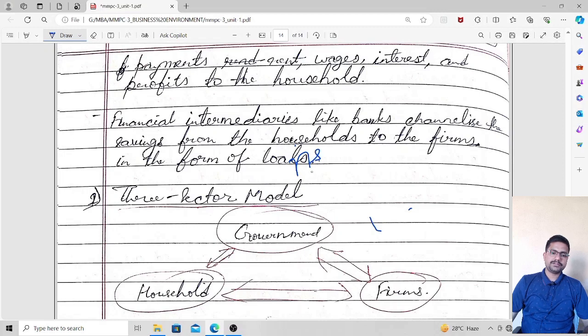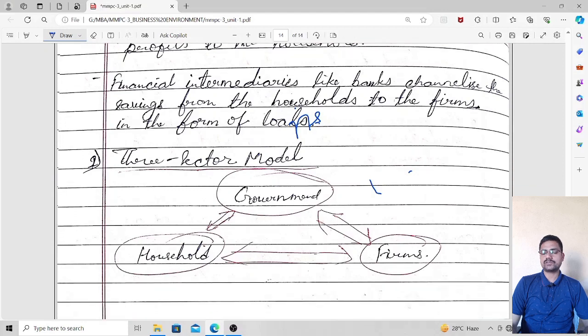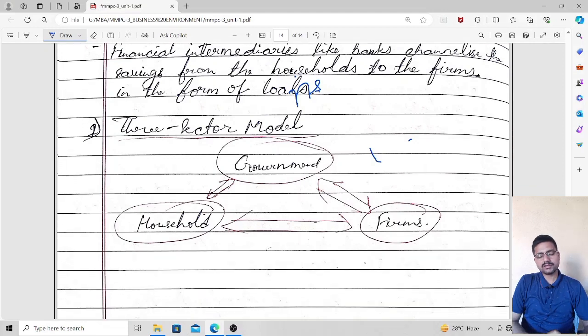Just the way it is in the two sector model, in the three sector model three sectors are involved, or you can say interaction among three sectors. Here we consider, as you can see on the screen, the household sector, the firms, and government. Households provide factors of production to the firms, and in return firms provide factor payments to households.